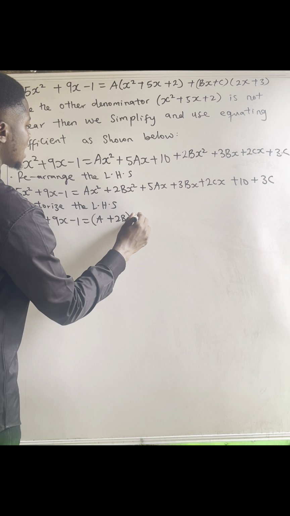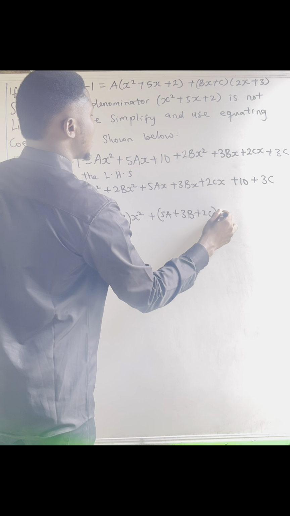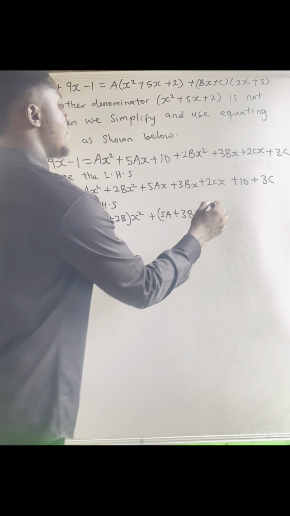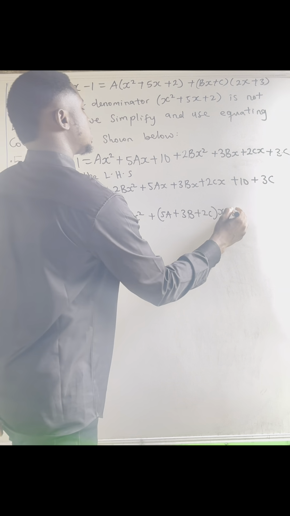I can factorize out the x squared, because if I use the x squared to open the bracket, it returns to ax squared plus 2bx squared. So this one also plus open bracket. You see that what is common to this and this is also x, right? So this will be 5a plus 3b plus 2c open bracket x. Also, if I use this x to open the bracket, I will also get this, plus 10 plus 3c.